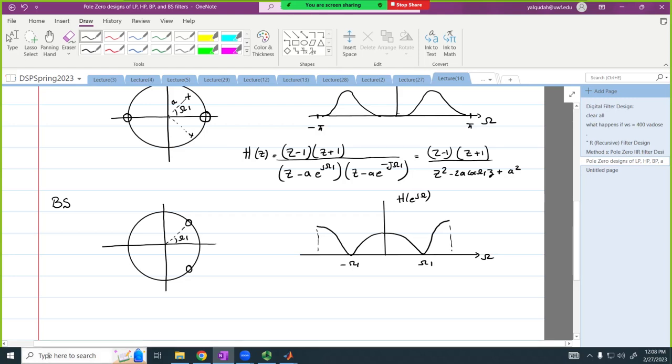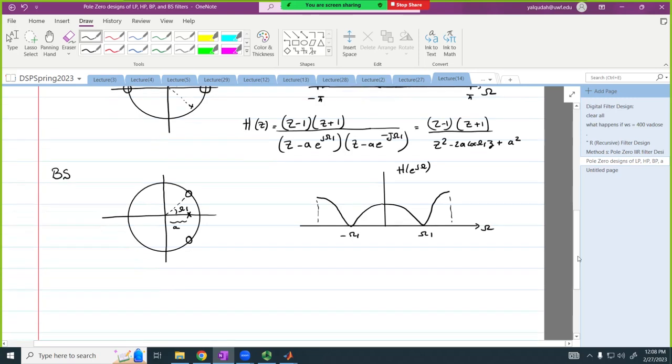There is a 0. And then we're going to place a pole somewhere here. So this is A. So therefore, H of z is going to equal z squared minus 2A cosine omega 1 multiplied by z plus A squared.